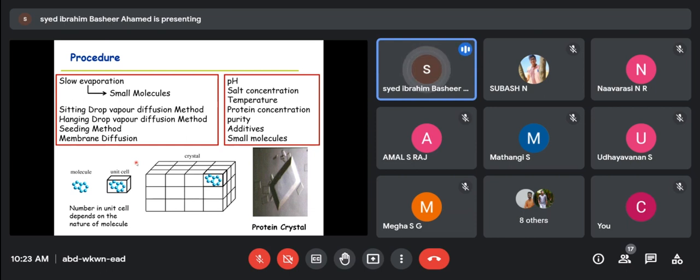Then you can use that solution as a seed.